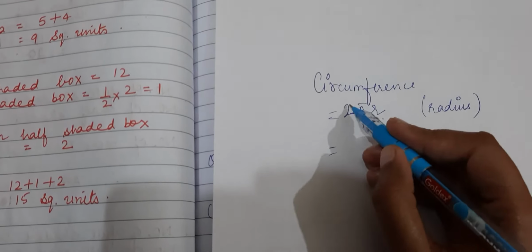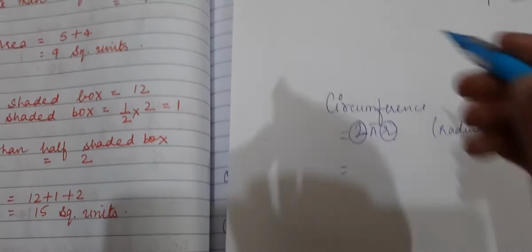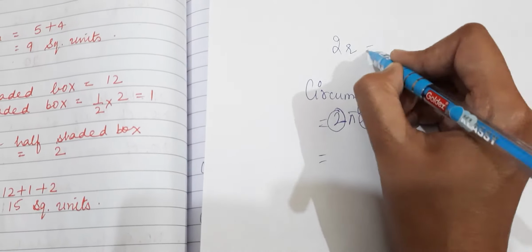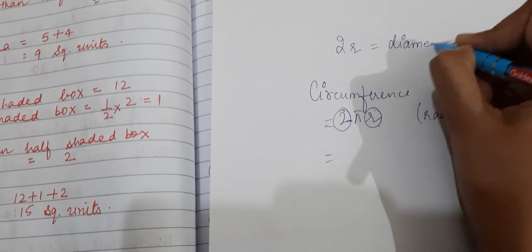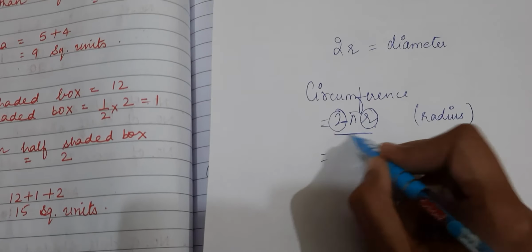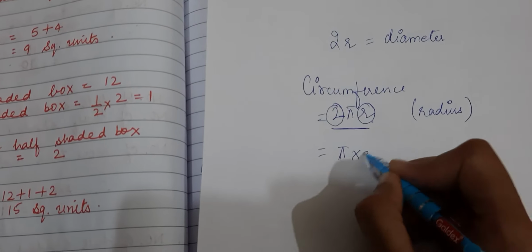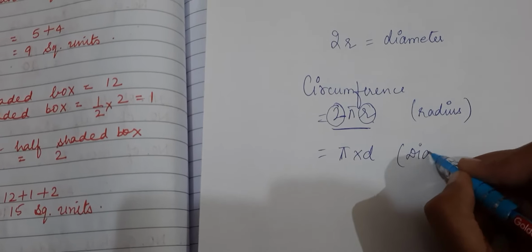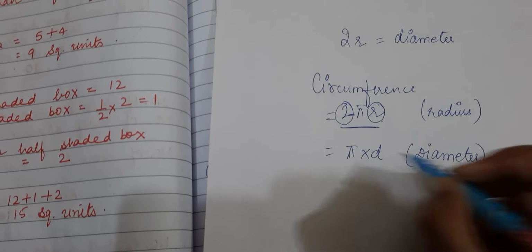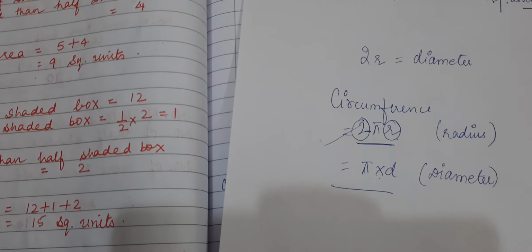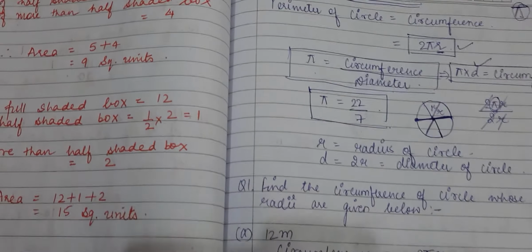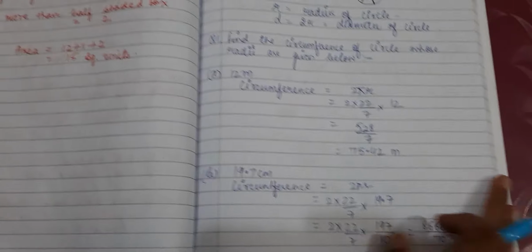And since 2 into r, twice the radius, is always the diameter, I can write this formula as pi into d, where d means diameter. You will apply this formula when diameter is given, and the other formula when radius is given.